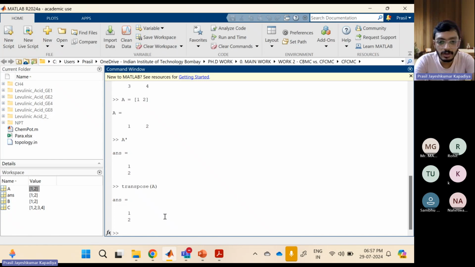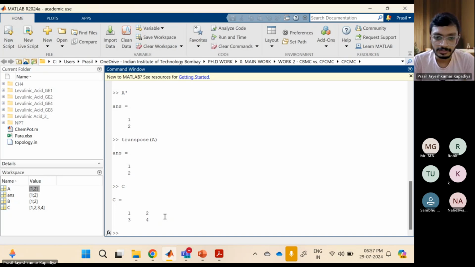So you can also get it like this. This is my C matrix. Let's say I want to find the transpose of this. What should I get if I am calculating the transpose? Manish, what should I get when I calculate the transpose of C shown on screen? I should get 1, 2 in the first column and 3, 4 in the second column. So this is C transpose.